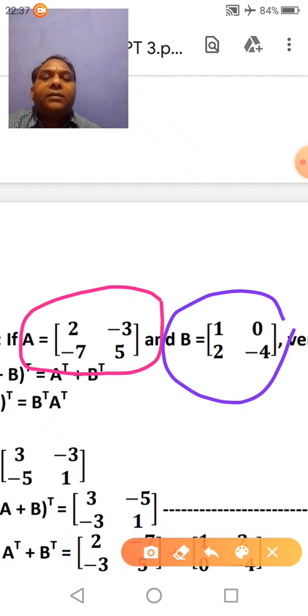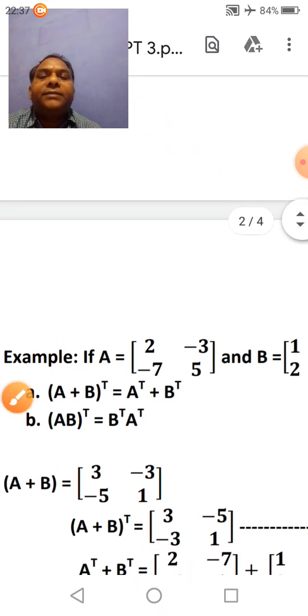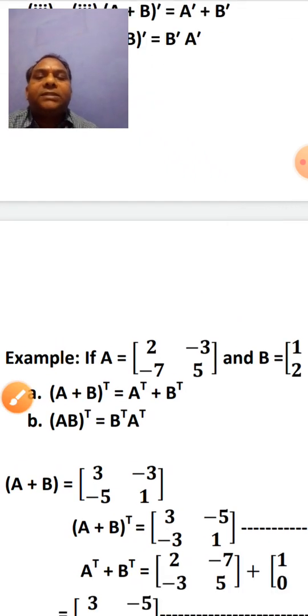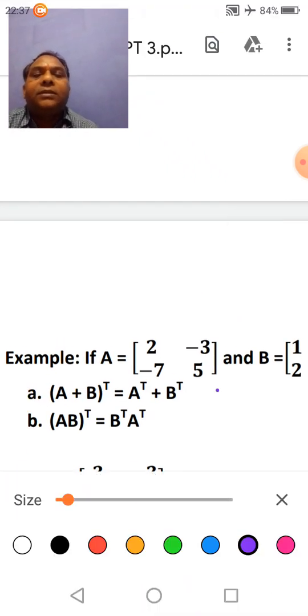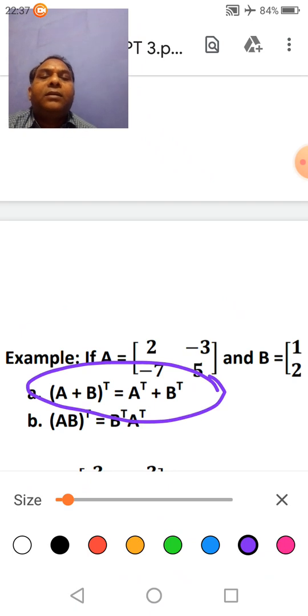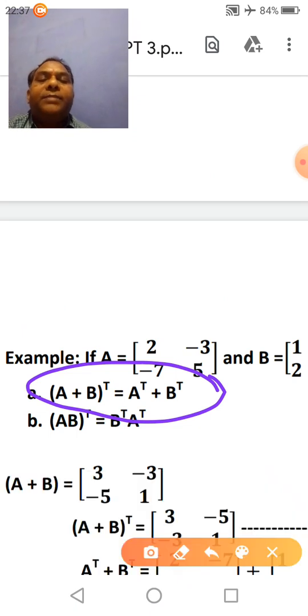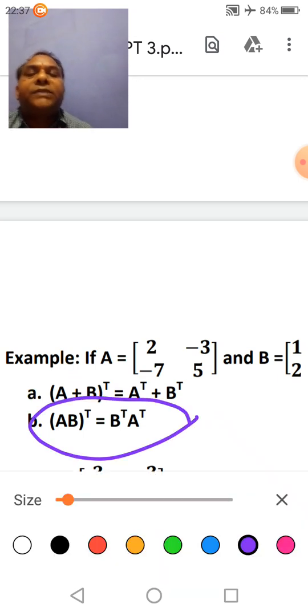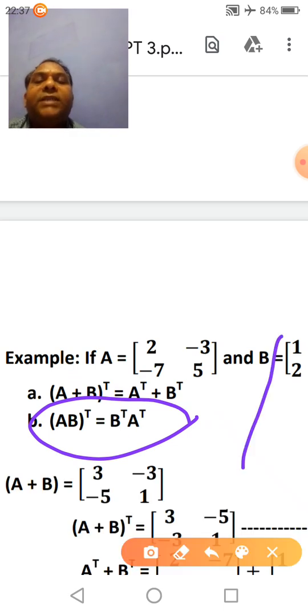Then we have to verify that (A plus B) transpose is equal to transpose of A plus transpose of B, and second part, transpose of AB is equal to transpose of B into transpose of A. We have to verify.